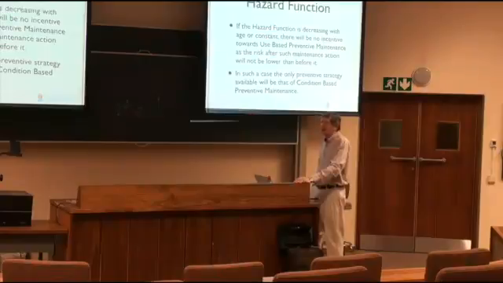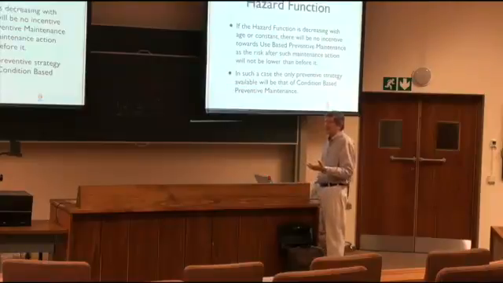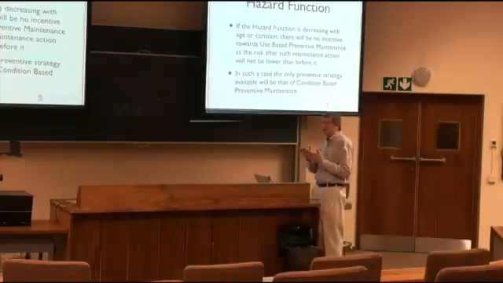This is true of many mechanical systems also, because mechanical systems tend to bed in as they start life. They are new, but they're not bedded in, not honed in optimally.